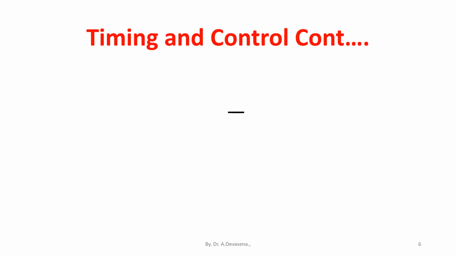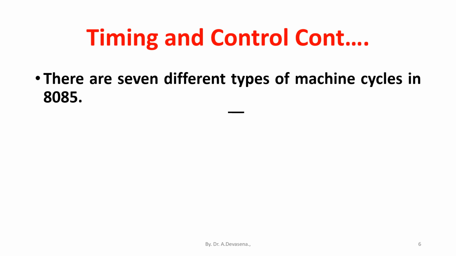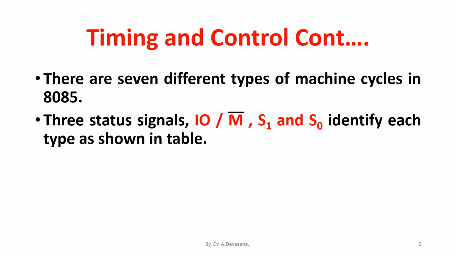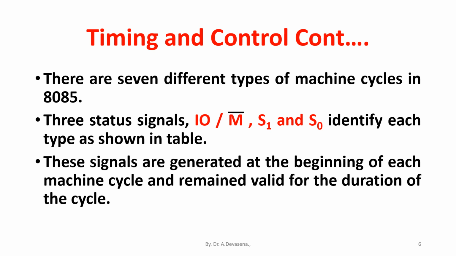There are 7 different types of machine cycles in 8085. 3 status signals, IO/memory bar, S1 and S0, identify each type as shown in the table. These signals are generated at the beginning of each machine cycle and remain valid for the duration of the cycle.